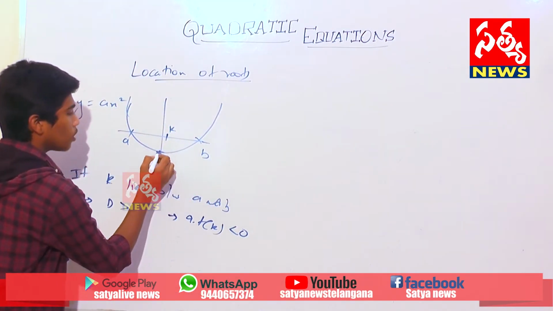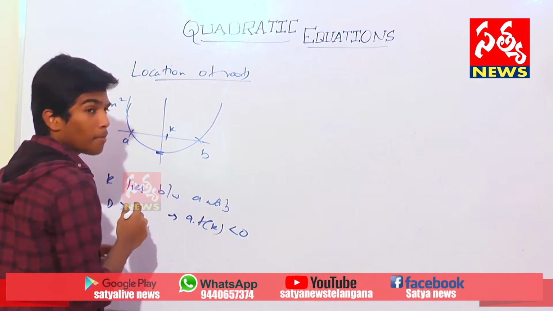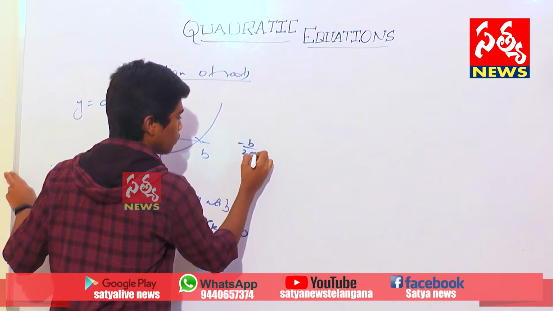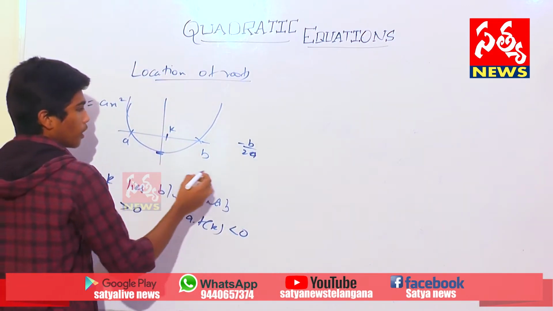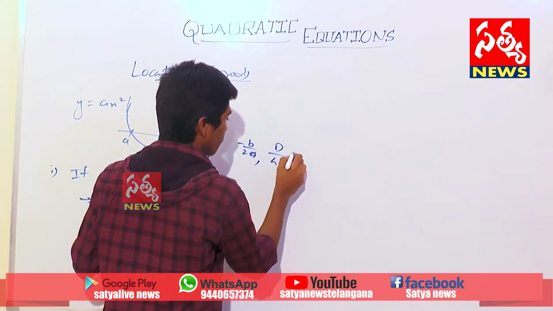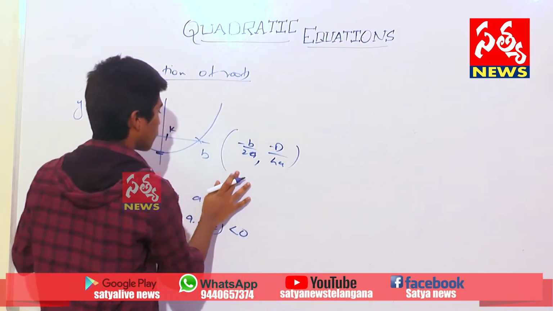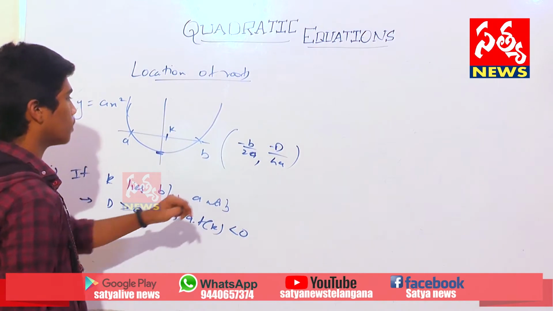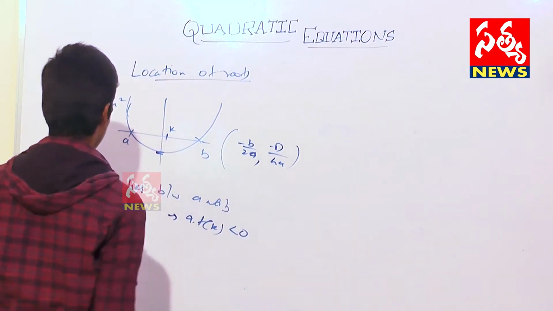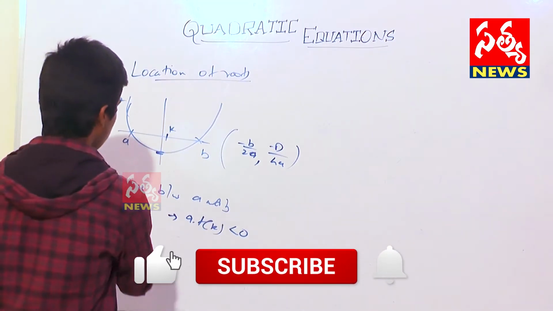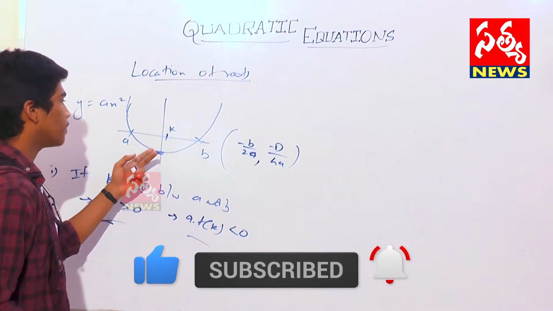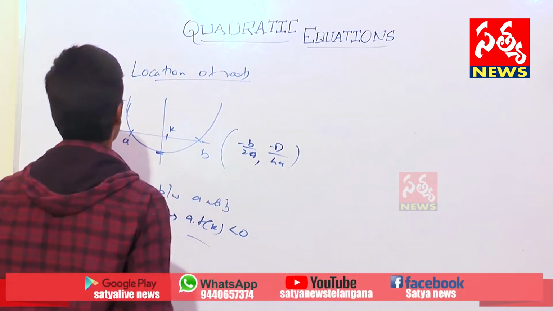And this is the minimum or maximum point of the curve, which can be written as minus b by 2a. The coordinates of this point are minus b by 2a, minus d by 4a. D is discriminant, as I said in the first terminology. These are the 2 conditions we have to check for a value k lying between the roots a and b.